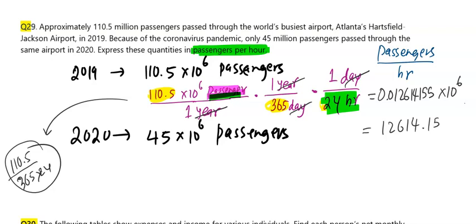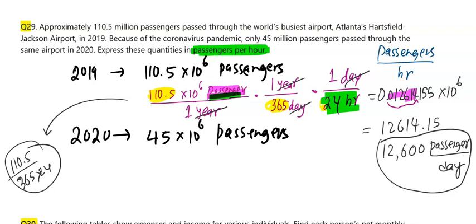So I move this decimal 6 units to the right. This many passengers. If I round it to whole numbers, this is going to be 12,614 passengers per day. That's the answer.